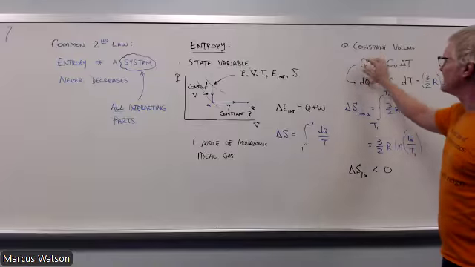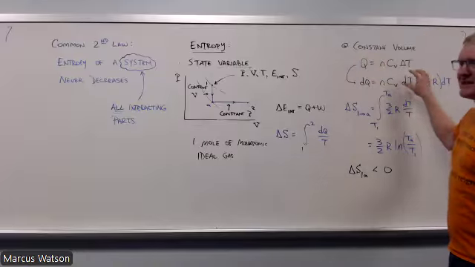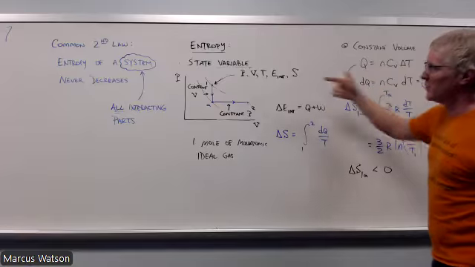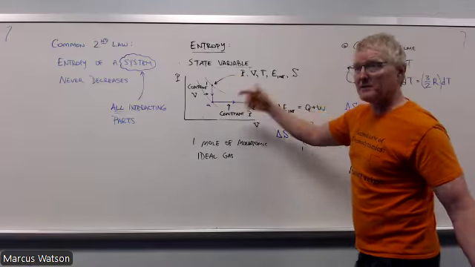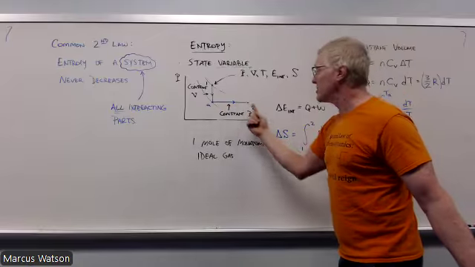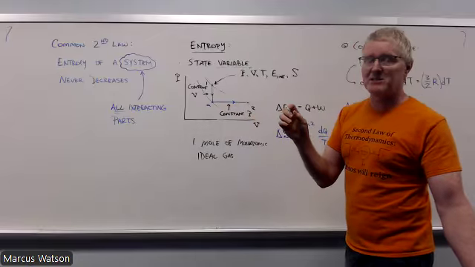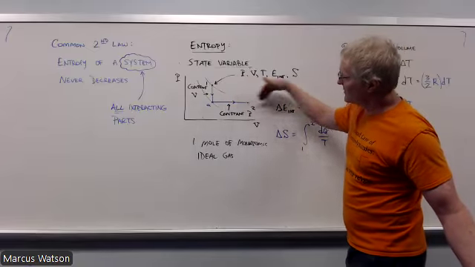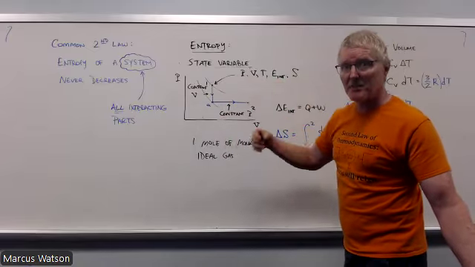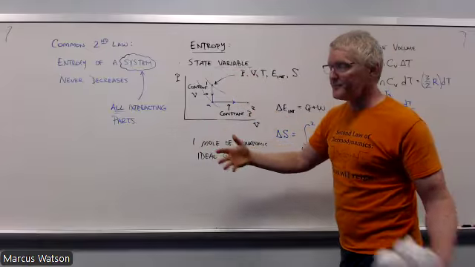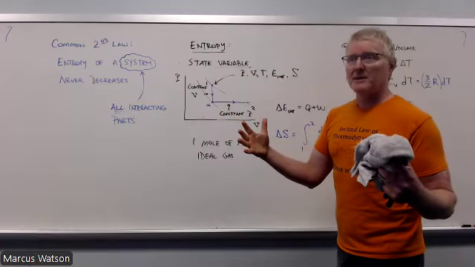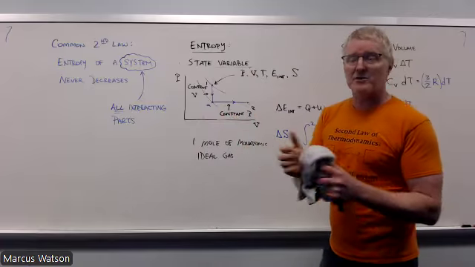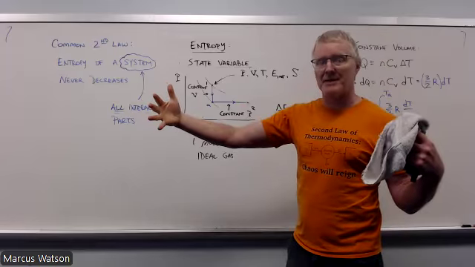In other words, if I take a small bit of heat, it's going to lead to a small temperature change when I'm talking about constant volume here, right? If I'm talking about constant pressure, a small bit of heat leads to two things, right? An increase in the temperature, but also an increase in the volume. More volume leads to more randomness, right? There's more space to be disordered in.